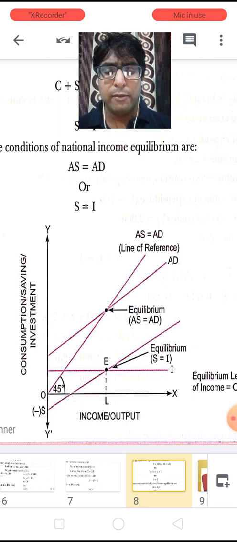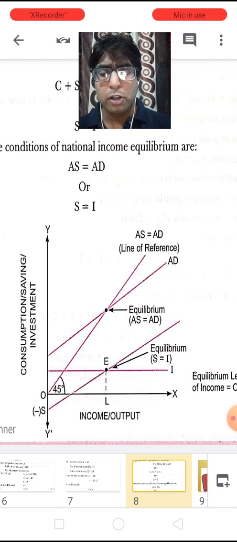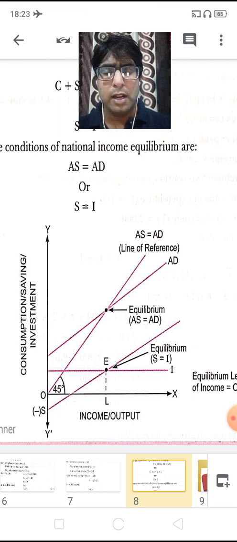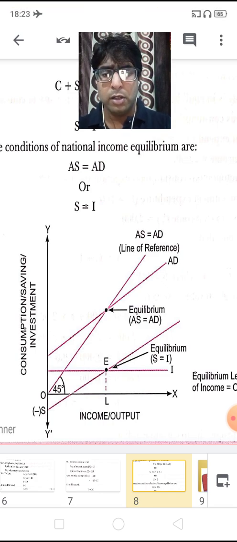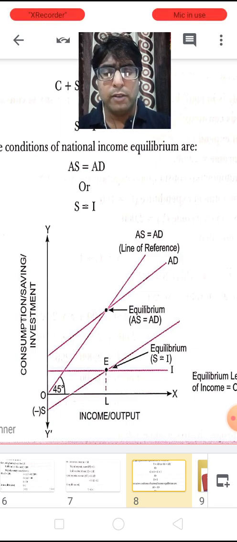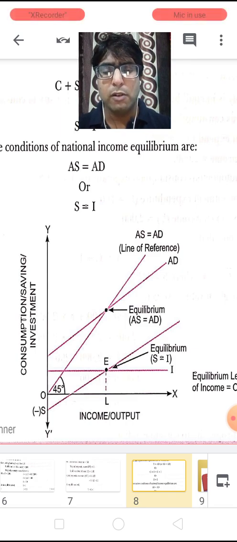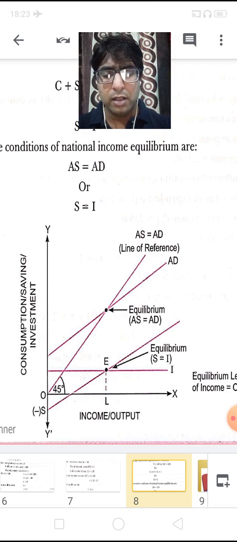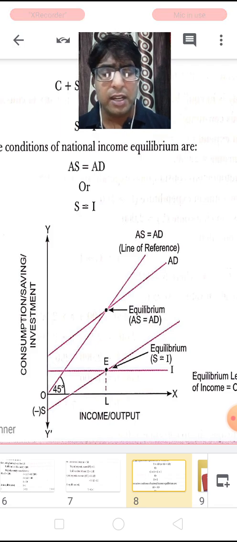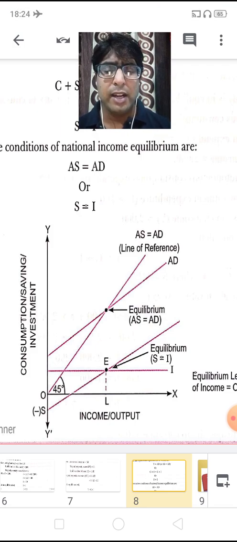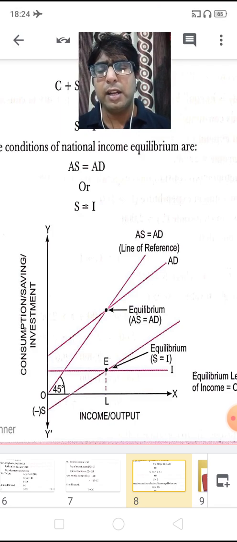Now with this diagram, we are going to plot the autonomous investment. And what is autonomous investment? It is autonomous, a constant value, which is a horizontal straight line parallel to the x-axis. So the investment line I have plotted on the little uppermost side of O, that is the origin point, whereas the savings curve starts from a negative intercept.